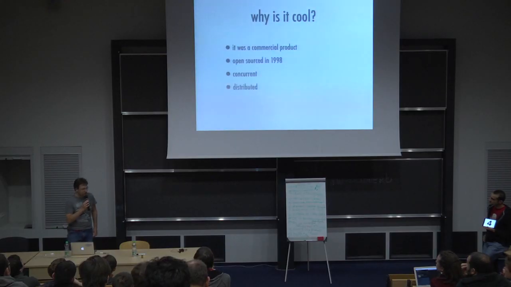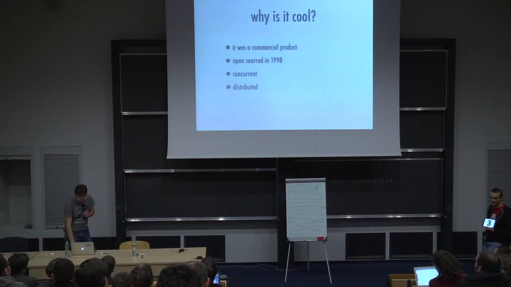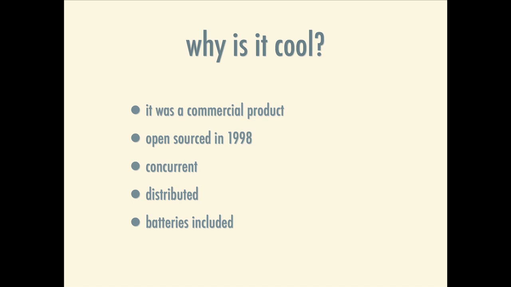It is also distributed, so it is transparent for you to run code on your machine or on another machine. And it also has batteries included. The standard library contains lots of stuff.